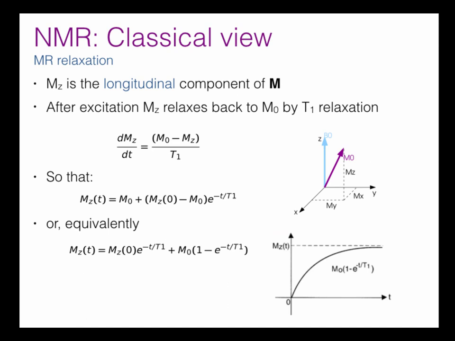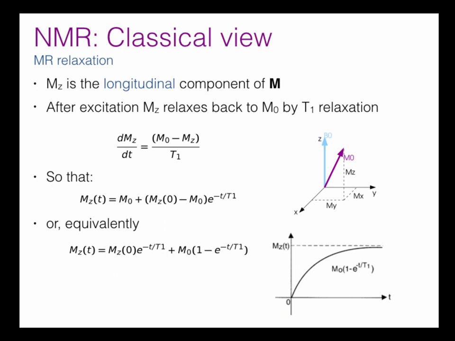Having excited the magnetization, over time it recovers back to its initial state, and there are two important mechanisms by which this occurs. One is T1 relaxation, which is basically how the longitudinal component recovers.